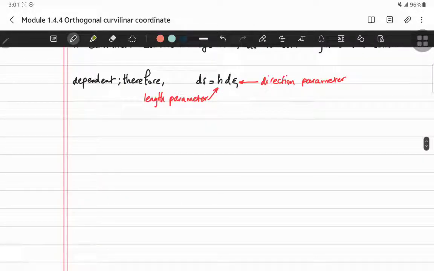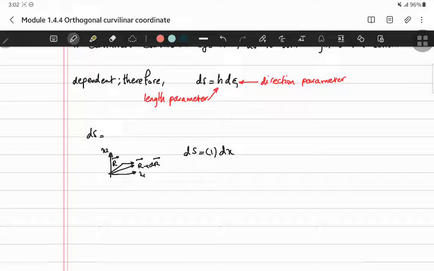In Cartesian coordinate system, if ds was changing in the x direction, this is r, and it is changing in this direction, so it becomes r plus dr. It was basically 1 dx1, or it was 1 dx2.